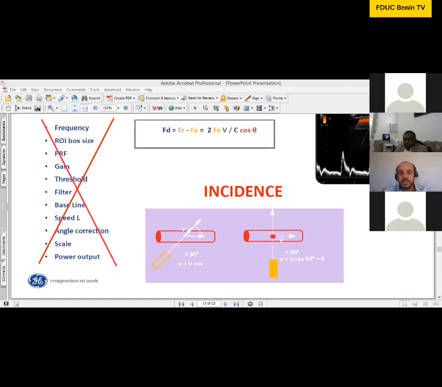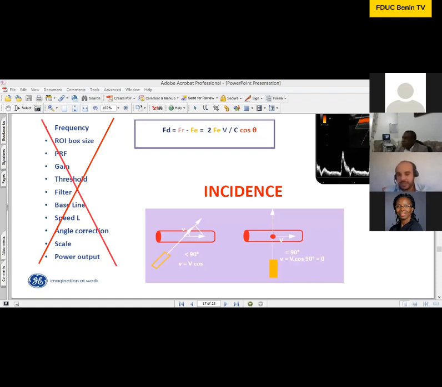Why? Because we are using a formula that uses the cosine in Doppler. We have algorithms that use the cosine in the formula, and if you are orthogonal to the vascular structure, the formula calculating the signal will use the cosine of 90, because we are orthogonal, and we will have 0 because the cosine of 90 is 0.